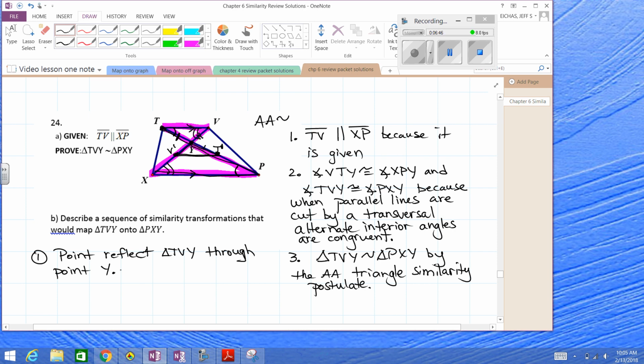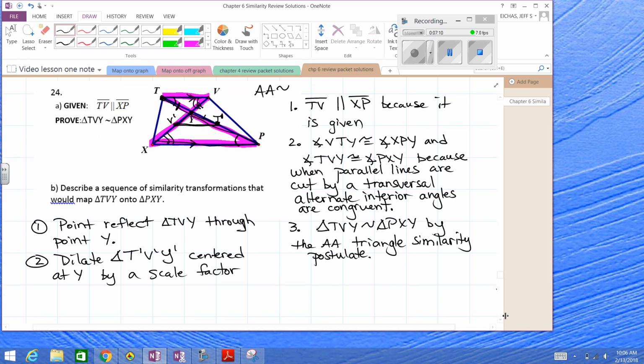So then we're going to dilate triangle T prime, V prime, Y prime, centered at Y by a scale factor. Now again, we need to know that it's an enlargement. We have to enlarge that smaller triangle.